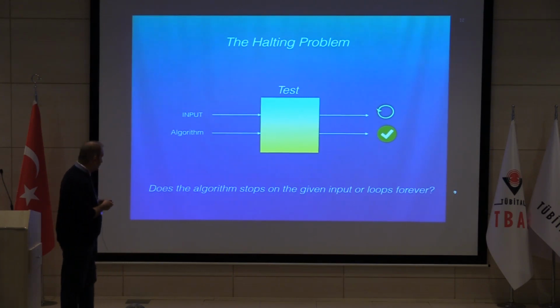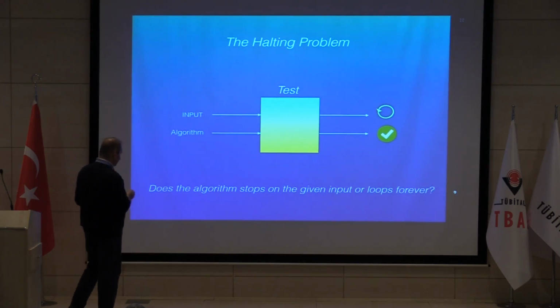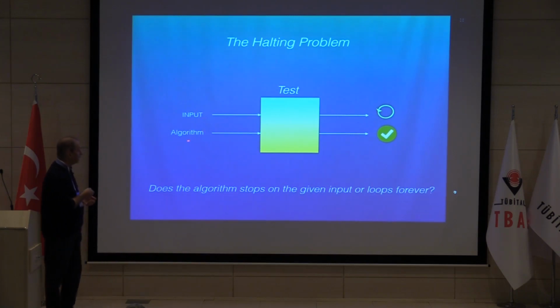So you have an input and you have an algorithm. You give this to this huge machine, which is called test. The outcome is that either it accepts this string, it says that this algorithm stops on this input, or the machine loops and loops and loops and never stops. Is it possible to design such a machine?